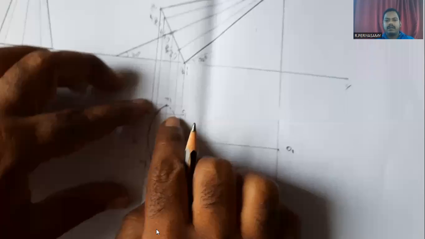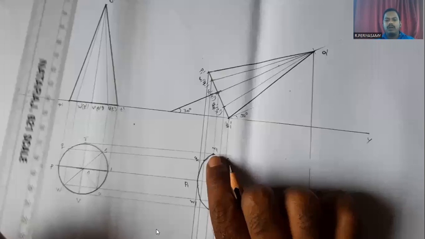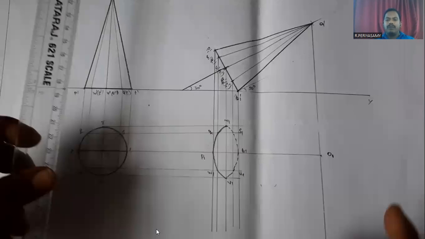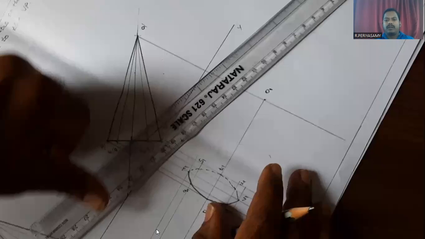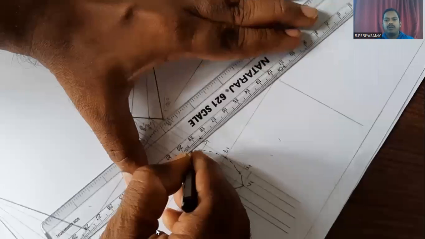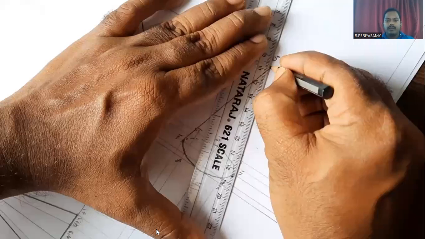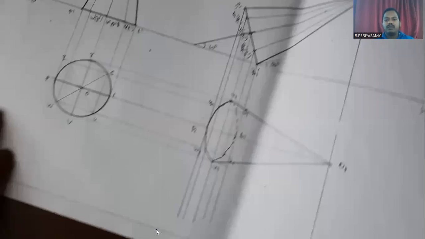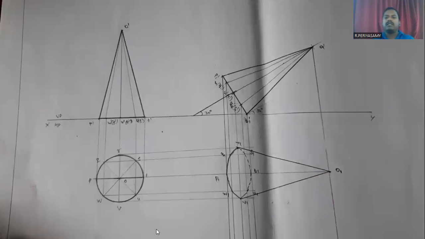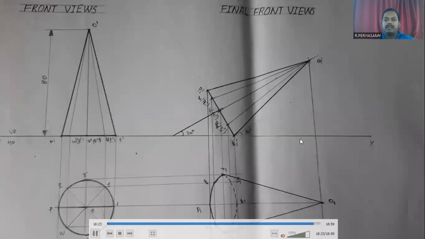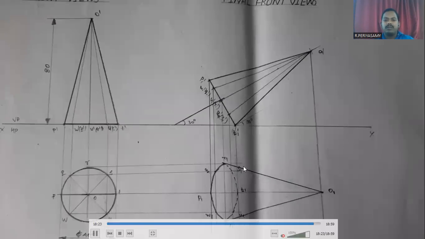Now we draw the outer generators O1 to R1 and O1 to V1. This is the final top view projection of the given cone. When the cone axis is inclined at 30-degree to the HP, this is the front view projection, and this is the top view projection.